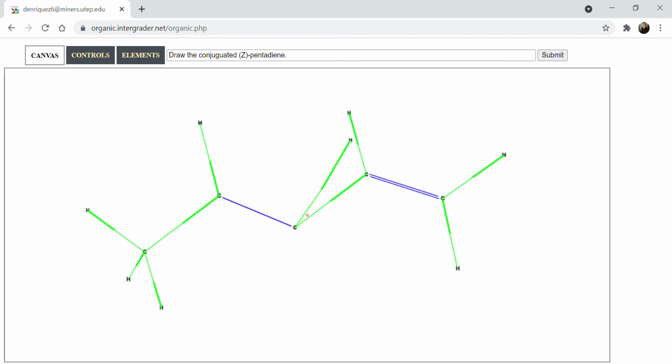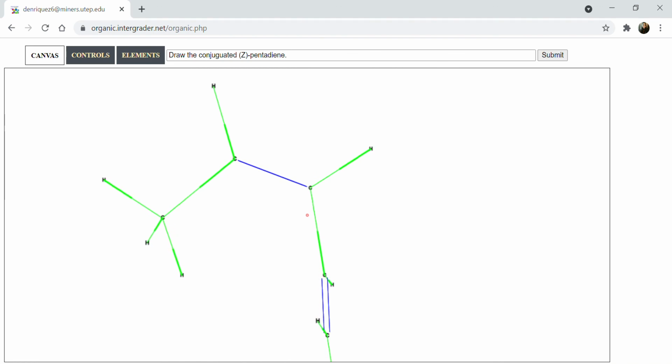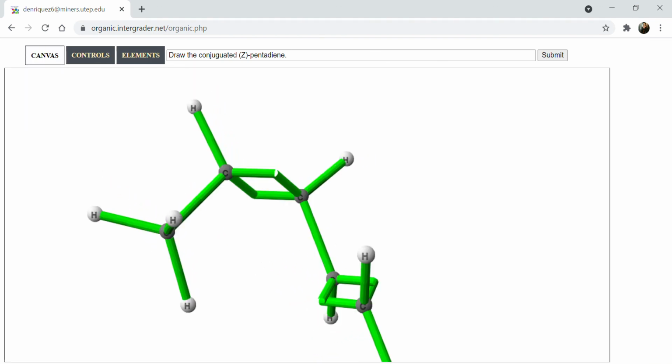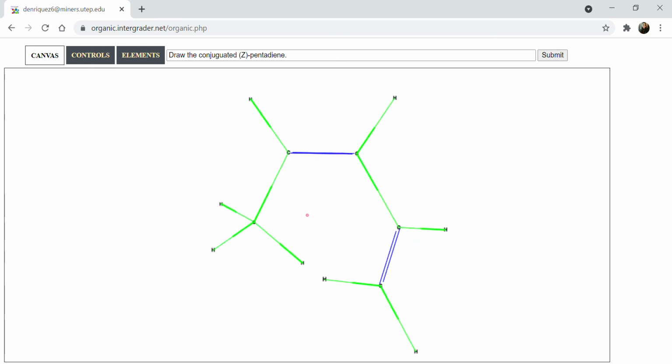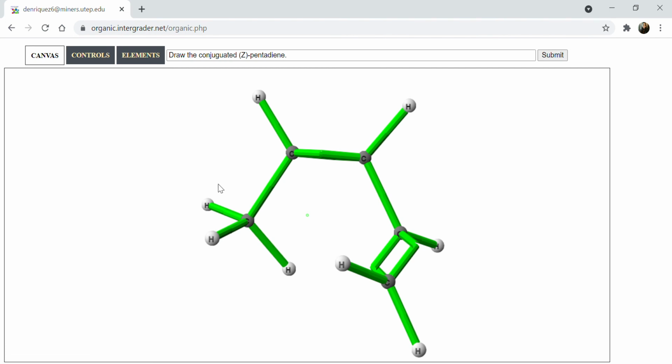This is probably the hardest part because sometimes it's really hard to move everything. Let's see. Oh, nice. So I'm going to roll it around. And although this looks a little bit funky, we still have these 2 on the same side. So that should be good.